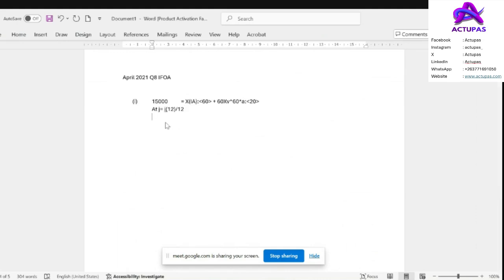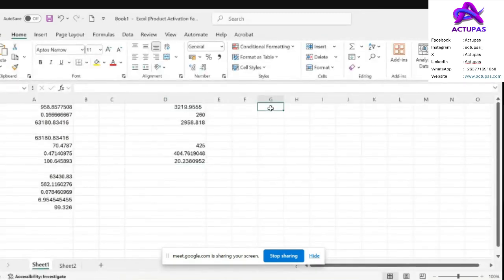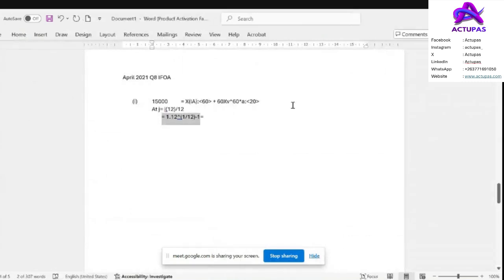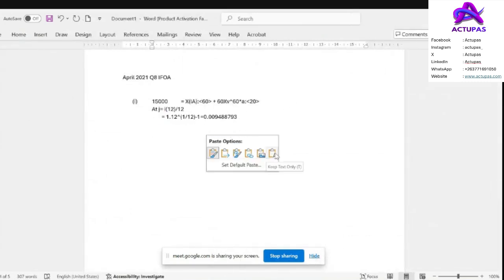So J is equal to 1.12 to the power 1 over 12 minus 1. Copy this, paste it here, which will be 0.00949. This is our J, our interest rate that we will be using.